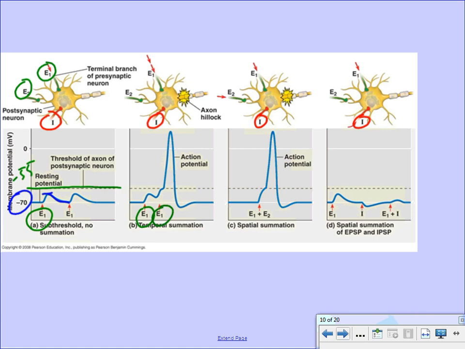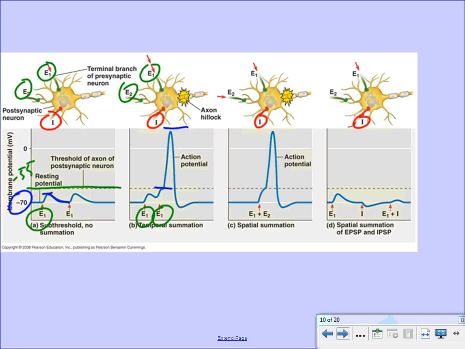So in this case here, those two signals are going to add together, one on top of the other. And because now we have two excitatory and none of the inhibitory, that is enough to now reach the level of the threshold potential. Once that happens, now a whole bunch of sodium channels are going to open up, and enough will open up to lead to an action potential at the dendrite end.